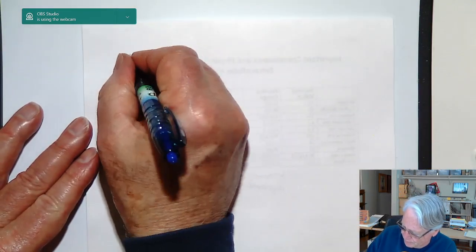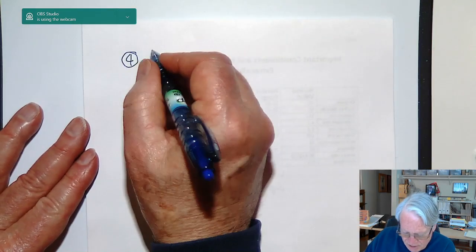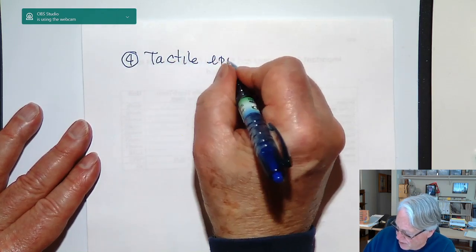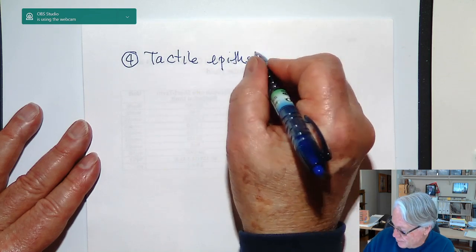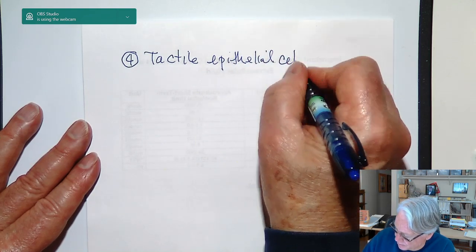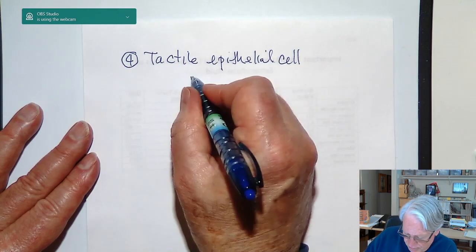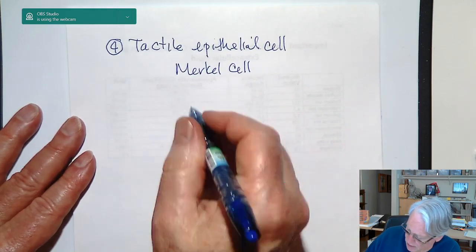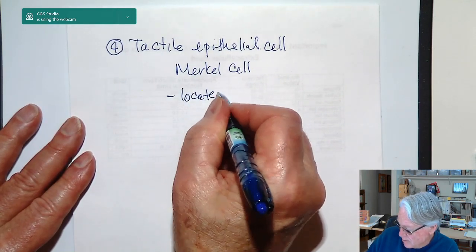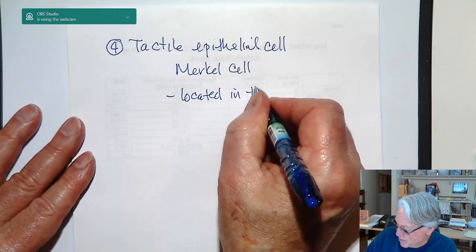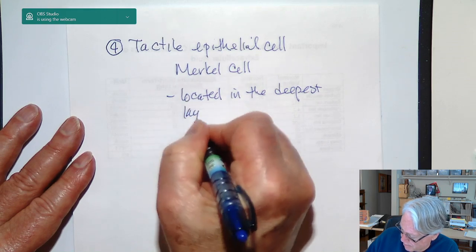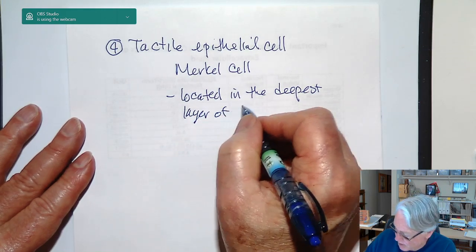So the fourth and final cell is the tactile epithelial cell, also called the Merkel cell. Okay. This is located in the deepest layer of the epidermis.